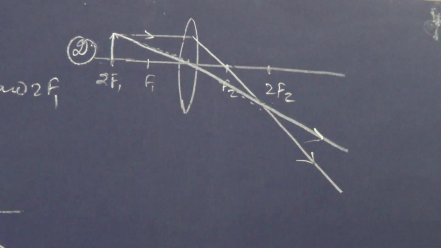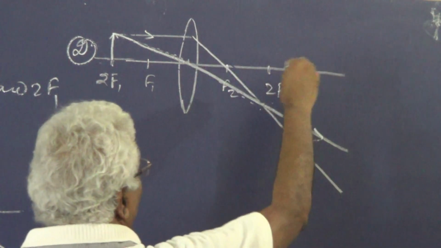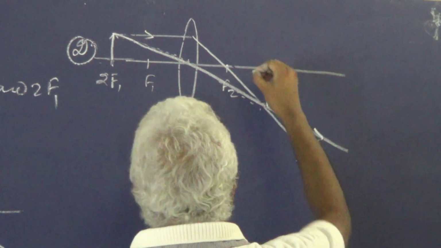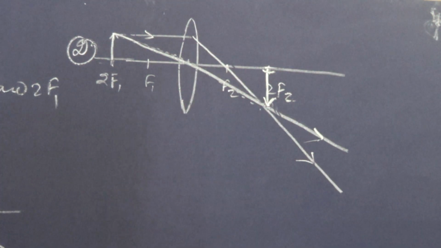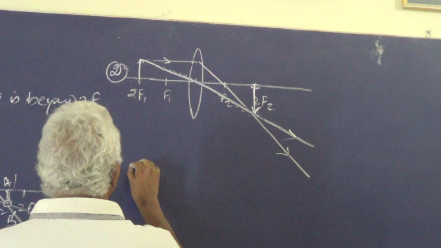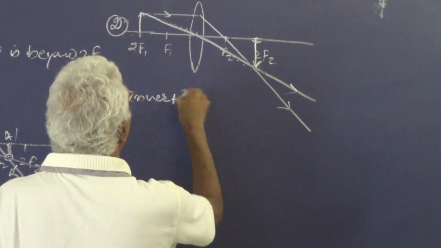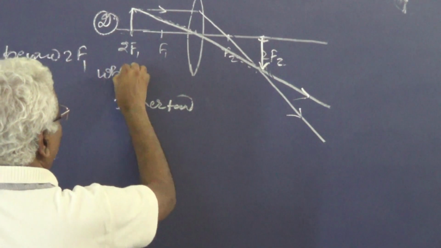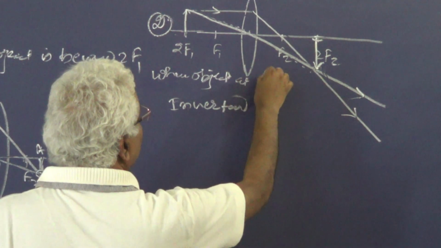It is when the ray is passing through the center, the optical center, it does not deviate. Just same size. The nature of the image is inverted, and the object is at 2F1.